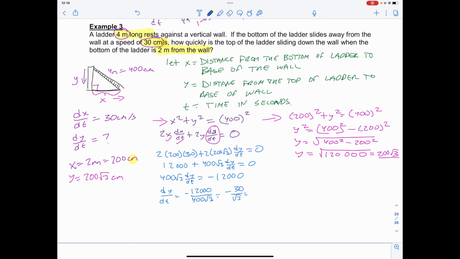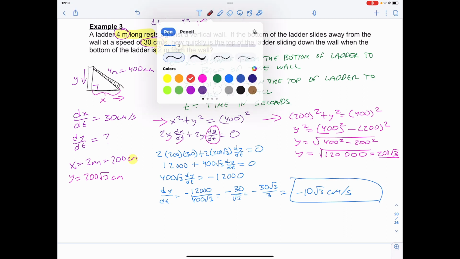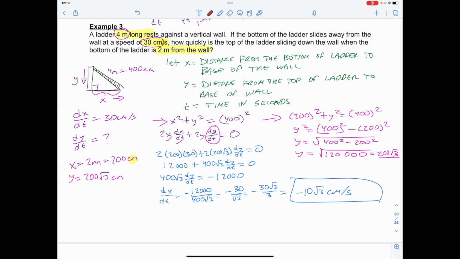I'm going to rationalize that to get negative 30 root 3 over 3. And I'm going to divide out the 10 to get negative 10 root 3 centimeters per second. I did get a negative answer, so it seems to make sense given the problem.